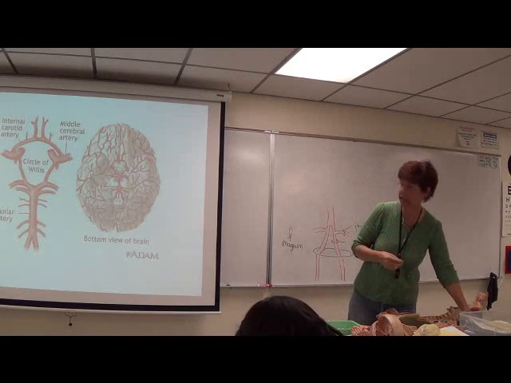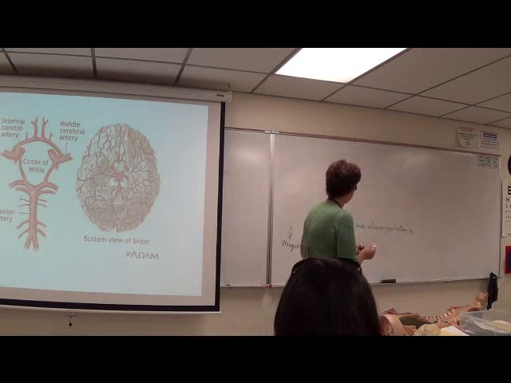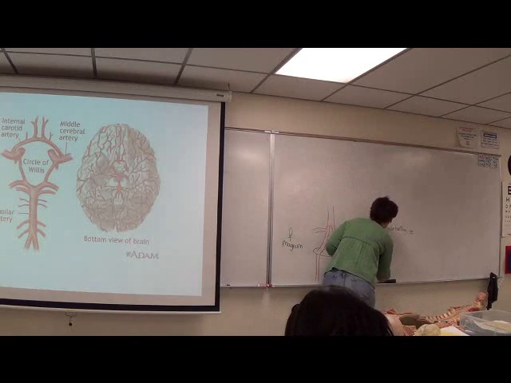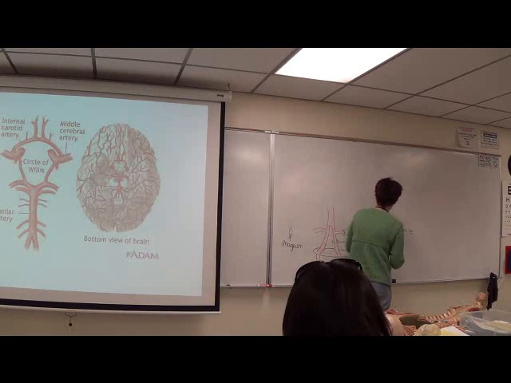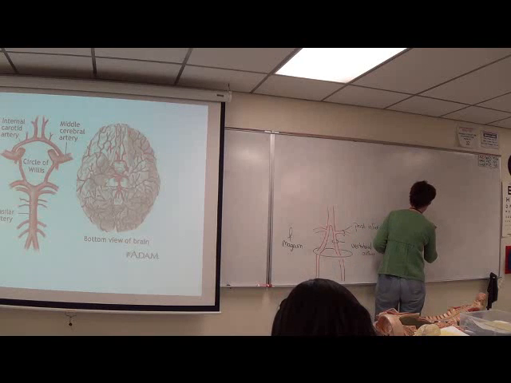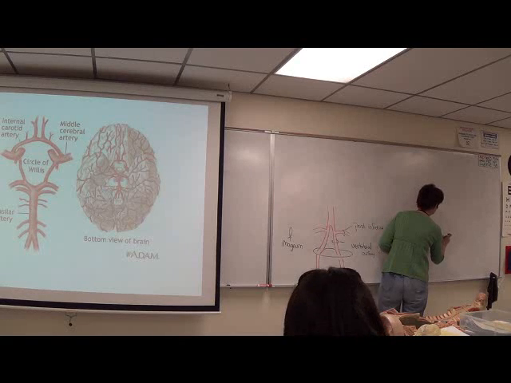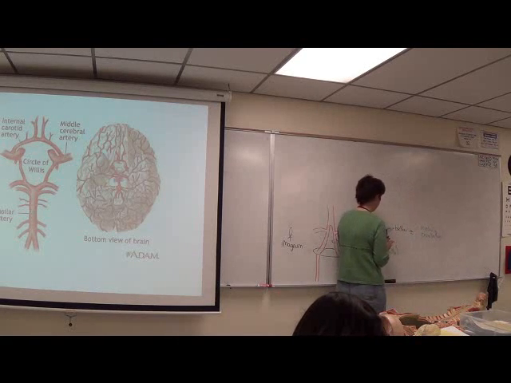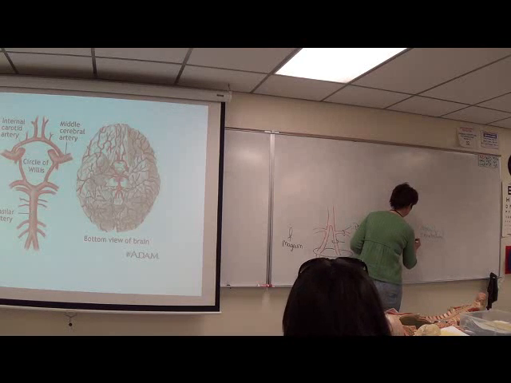Branches that I haven't drawn in for the vertebral arteries are going to supply the medulla. Posterior inferior cerebellar artery supplies the medulla and the cerebellum, as you can see in its name, which is abbreviated PICA. And this is not the Rocky Mountain rodent.